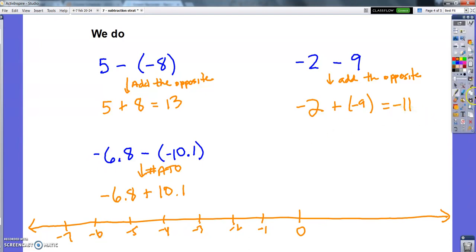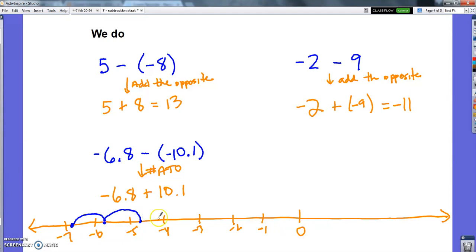All right, here I go. Start, move, end. So I'm going to start. 6 8/10 is pretty close to -7. So I'm going to go 1, 2, 3, 4, 5, 6, and now I'm going to stop for a second because I have to cross 0. So I'm at -0 8/10.